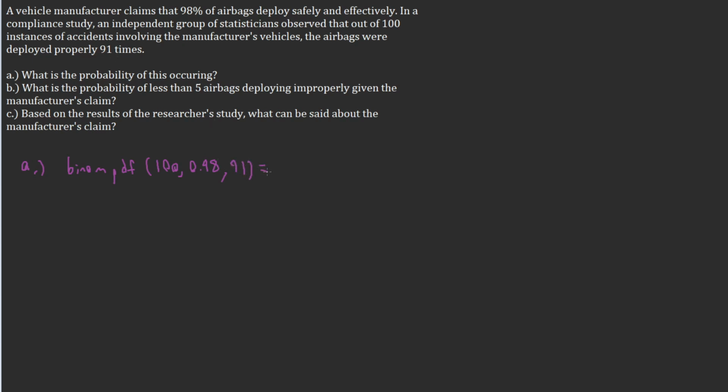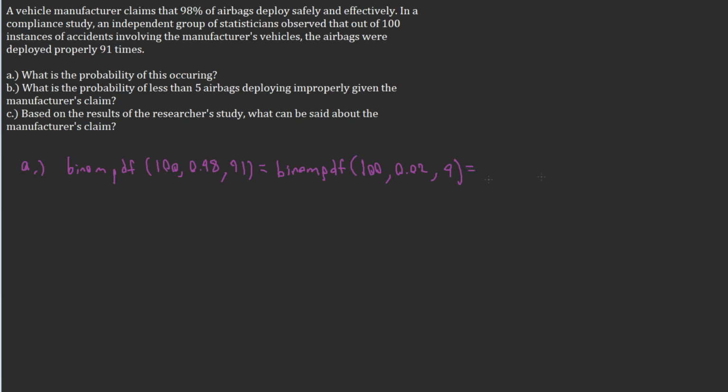Now, I want to point out this is exactly the same as saying the binomial PDF, or that probability mass function, out of 100 trials with a probability of 0.02, taking into account the probability of those airbags deploying improperly, and doing 9 trials where that happened, because that is the exact same way to represent the results of this experiment.